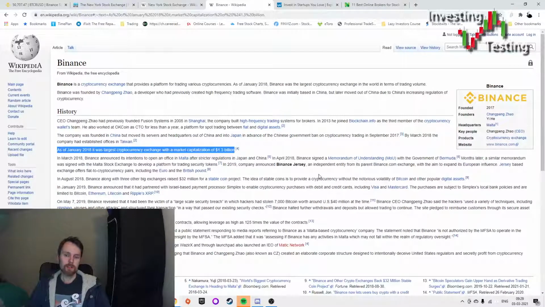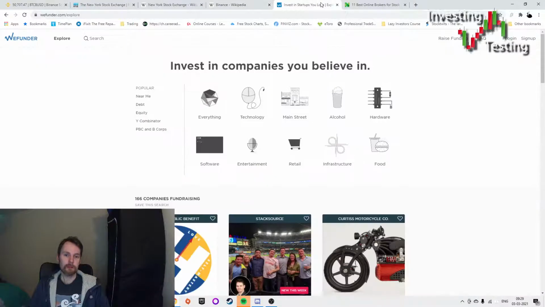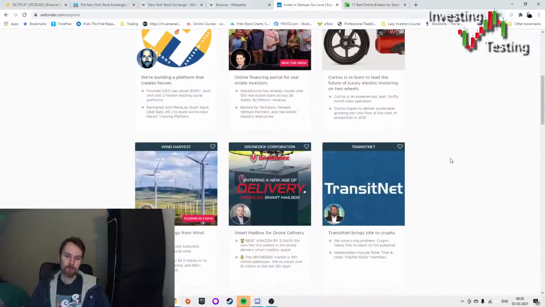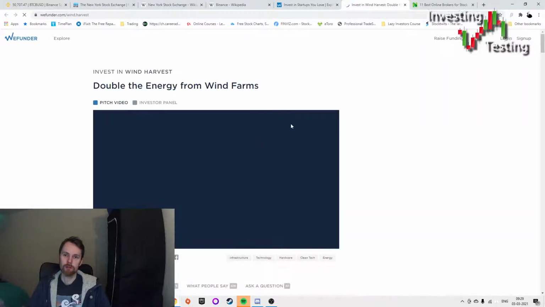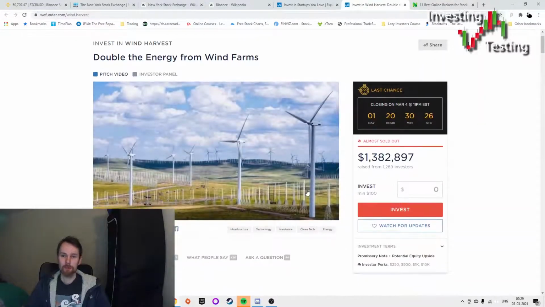But here's the interesting thing. It used to be that you could not get involved in first-hand buying of stocks and shares. However, there is this website, Wefunder.com. And I really love this website because you have a choice of various different people you could invest in.